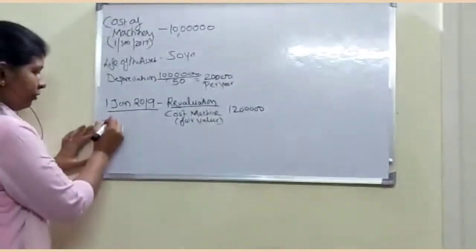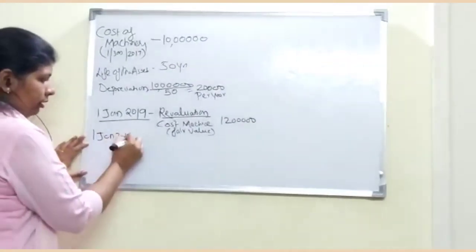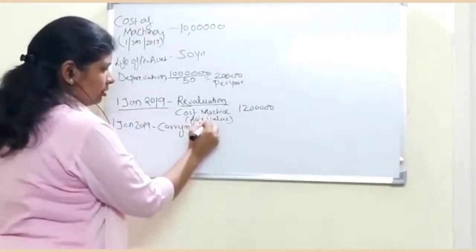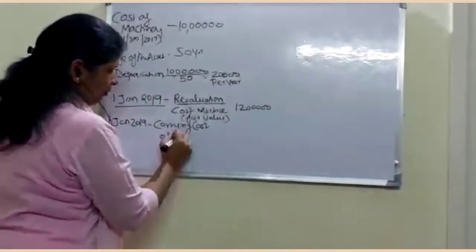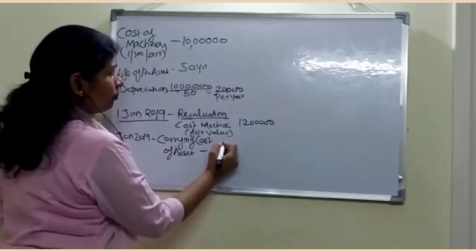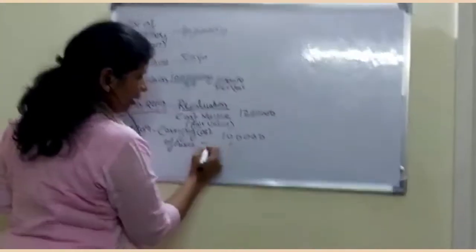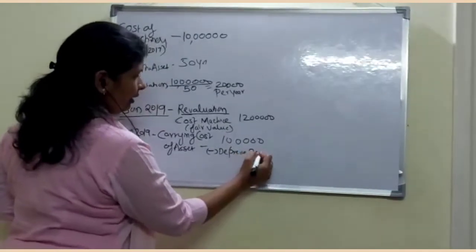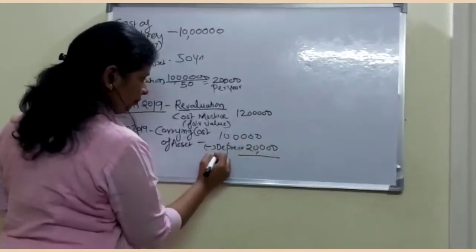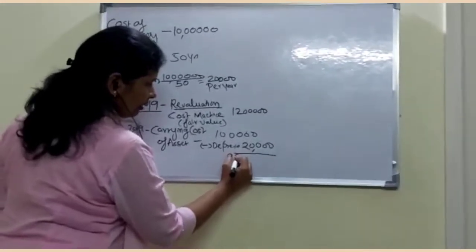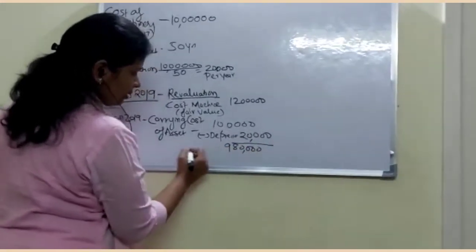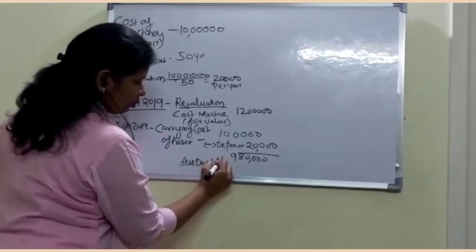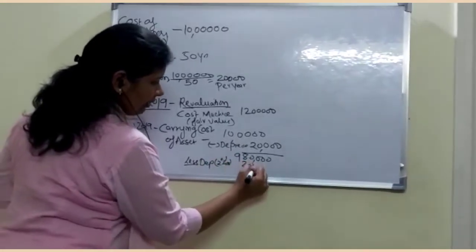Now how am I going to give this effect of revaluation in the year 2019? On 1st January 2019, first of all I am calculating the carrying amount of the asset: 10 lakh rupees cost less depreciation of 20,000 for the first year, so it will be 9,80,000 rupees, less depreciation for the second year, 2018, again 20,000.